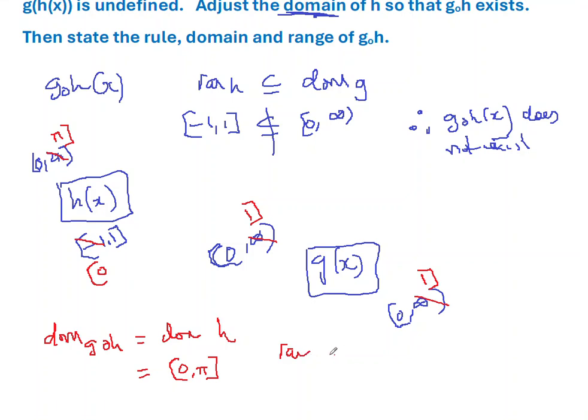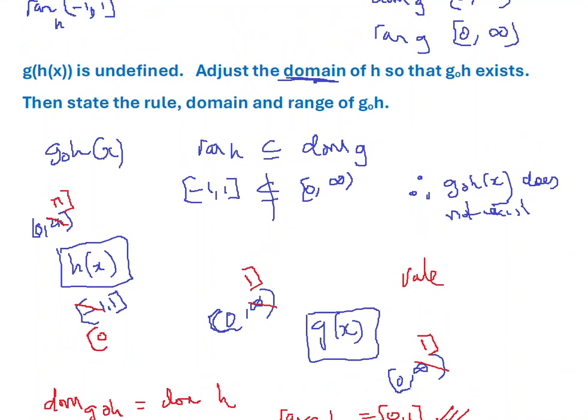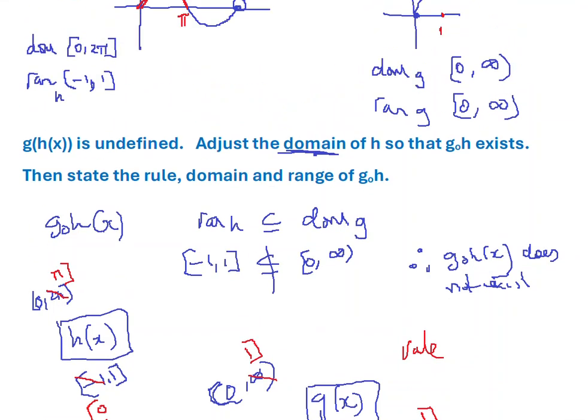The range of g of h is going to be 0 to 1, because that 0 to 1 comes out, and that fully matches 0 to 1 going in, therefore 0 to 1 coming out. And the rule, I'm putting h inside of g, so I'm going to have the square root of the sine of x.